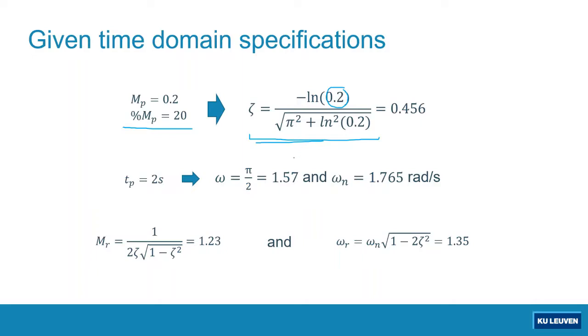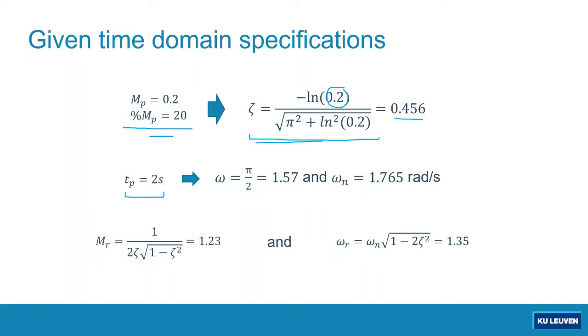So we know that if maximum overshoot is equal to 20%, zeta will be equal to 0.456. And after I evaluate the unit step response of this system, the peak time is equal to 2 seconds.